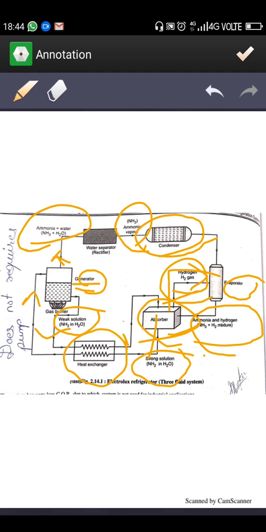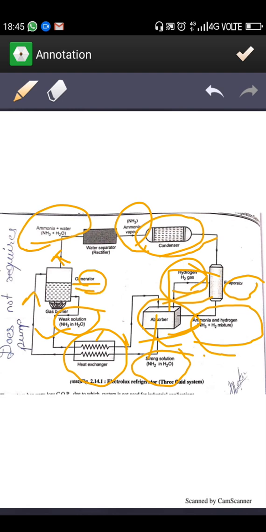When it passes through this heat exchanger, this highly heated weak solution passes its heat to this strong solution, so that when this strong solution moves to the generator, it is already heated. The heat supplied by the heating coil or fuel is then less, so it uses less heat to evaporate and produce the high pressure strong ammonia water solution there.